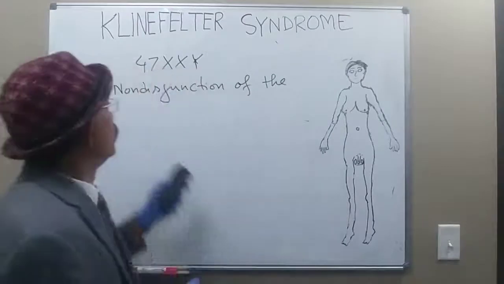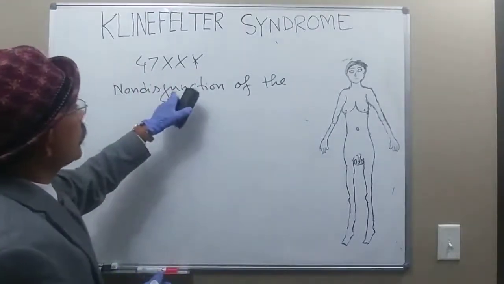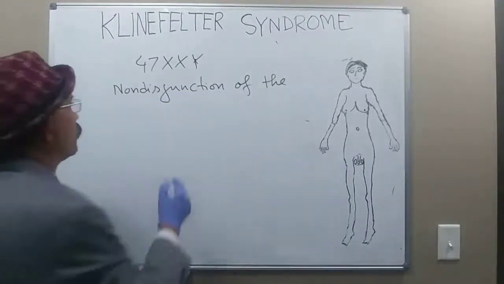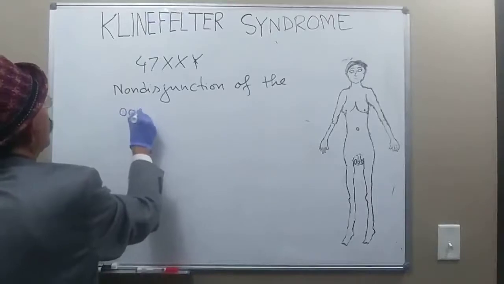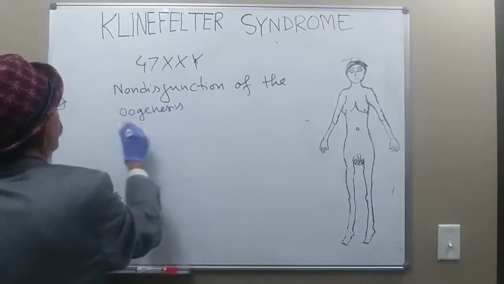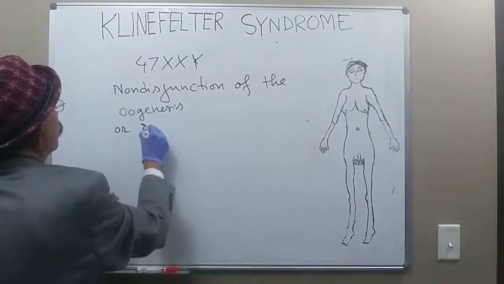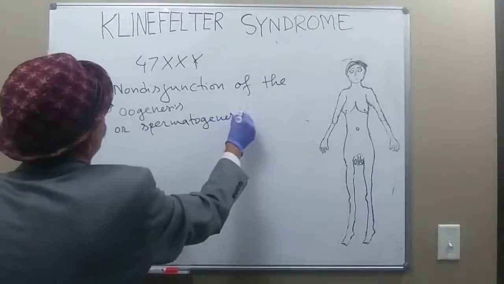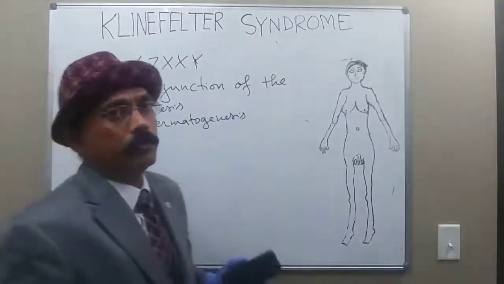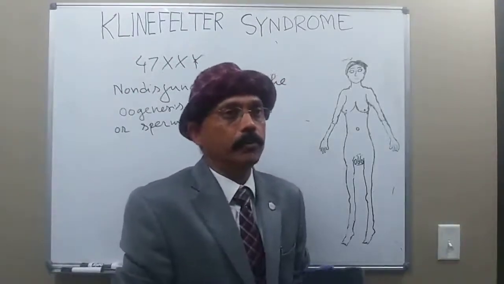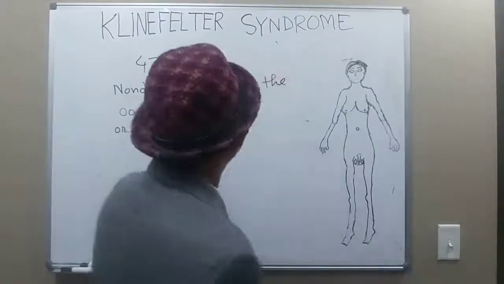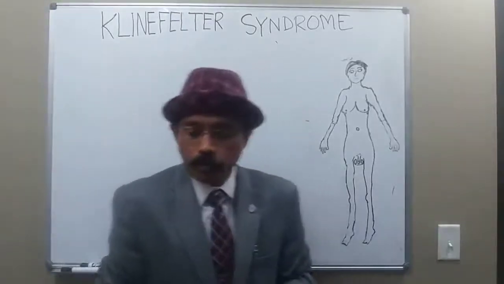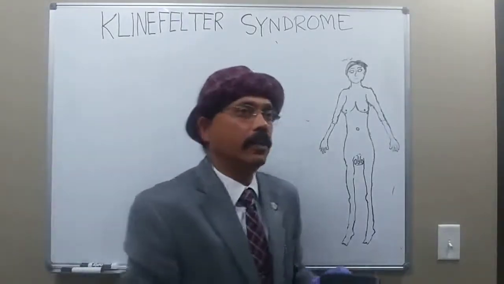We'll get this type of non-disjunction either in oogenesis or spermatogenesis. So that is the cause of one additional X chromosome and one Barr body. Okay, we got that. Now we'll go to the physical findings.